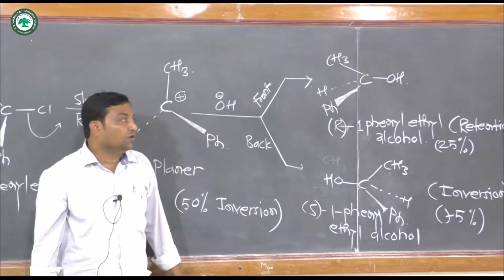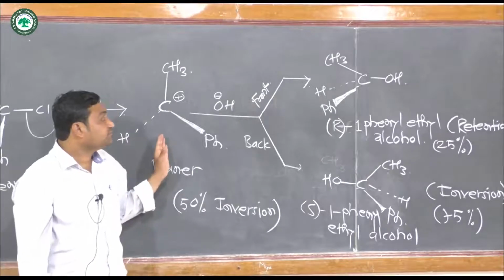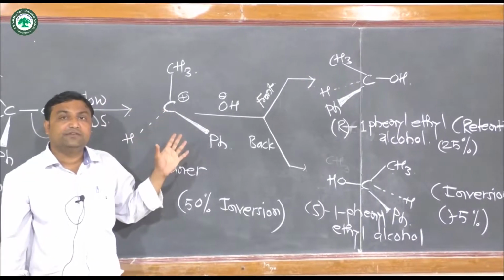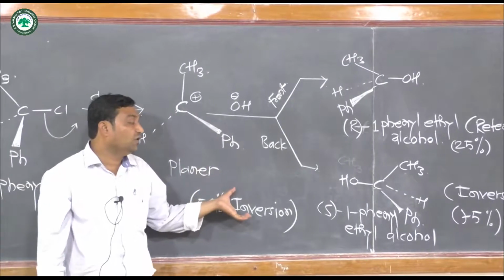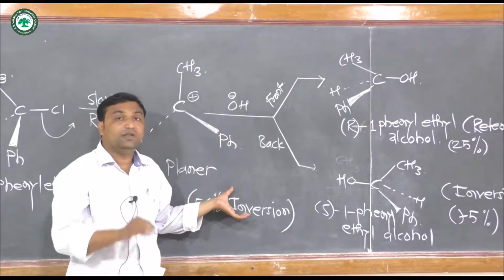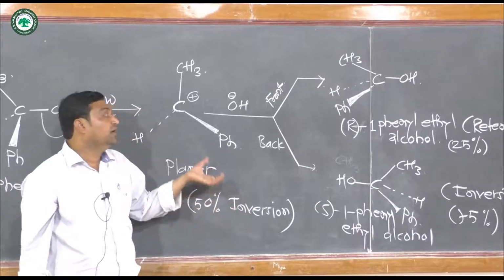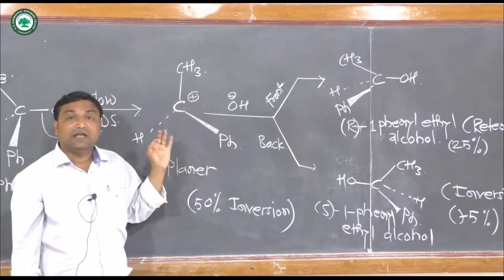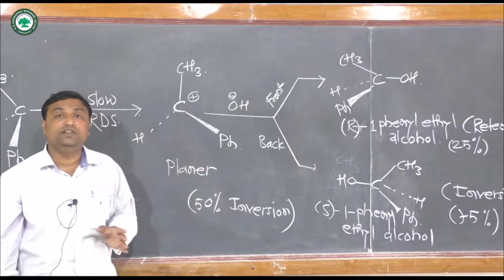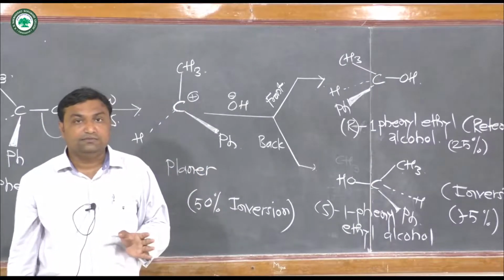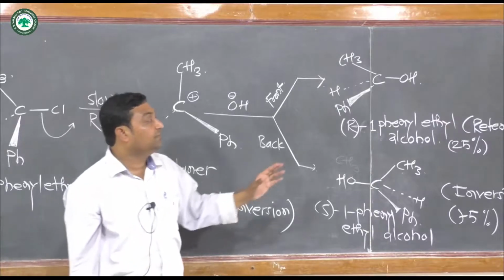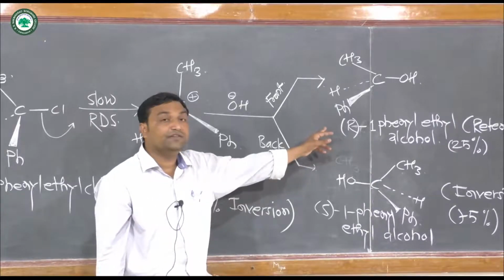Now, in each and every SN1 reaction we obtain inversion of configuration in major quantity because of the planarity of this carbocation as well as the nucleophilicity of the solvent. These are the two factors which affect the formation of retention of configuration.